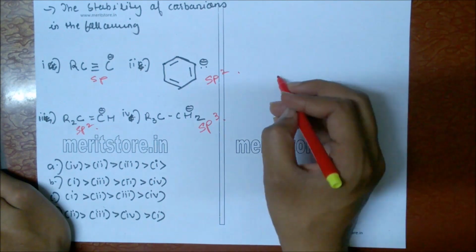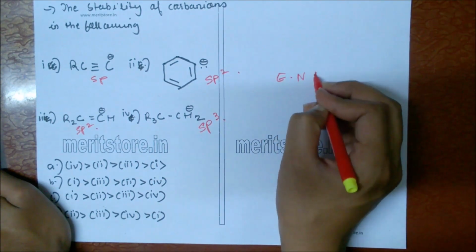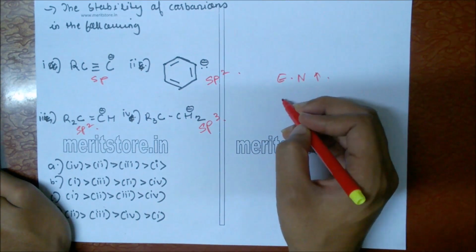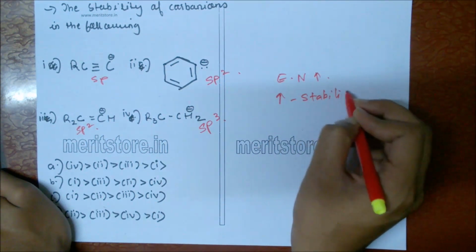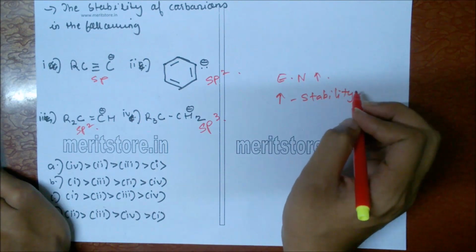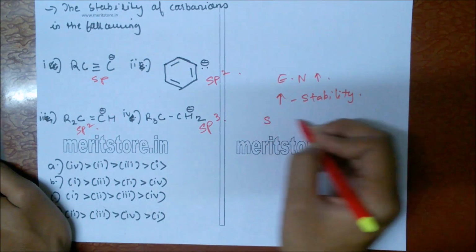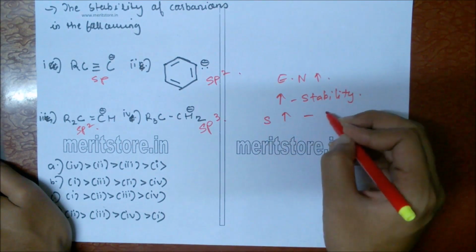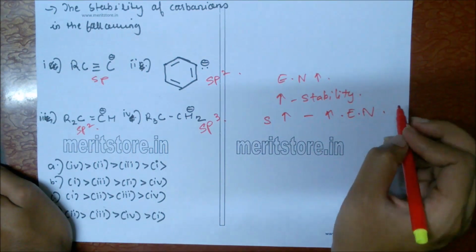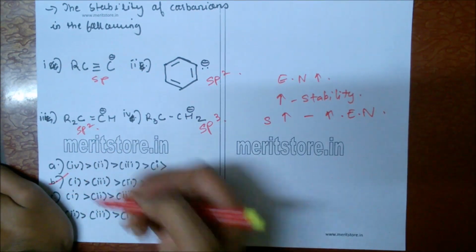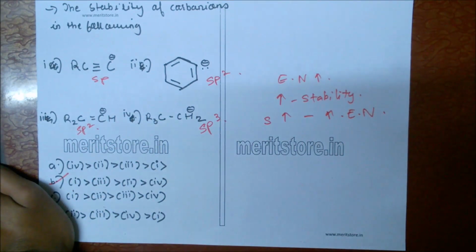Higher the electronegativity of the atom, higher will be the stability of the carbanion. Higher the s character, higher will be the electronegativity of the atom. So option B accordingly is the correct answer.